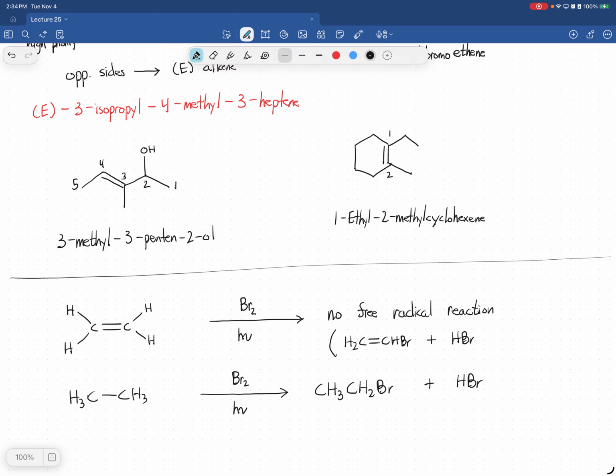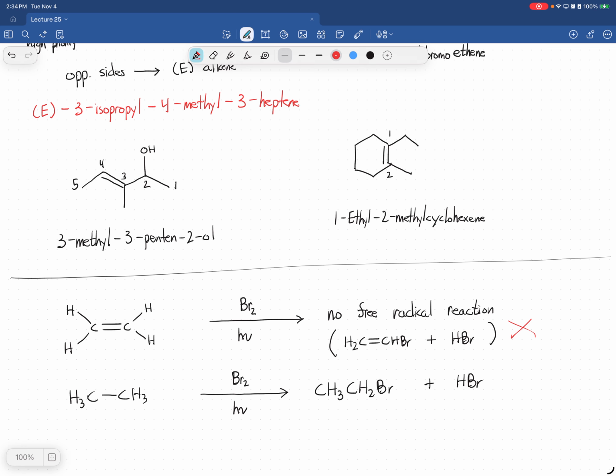This does not happen. It does not form at all. We'll learn that they react, but not through this pathway. So we sadly can't get it through that. I wish we could, but we can't. Okay, so I just wanted to compare alkanes and alkenes.